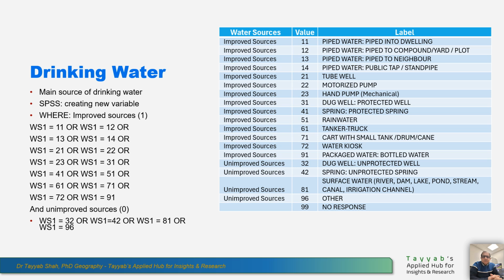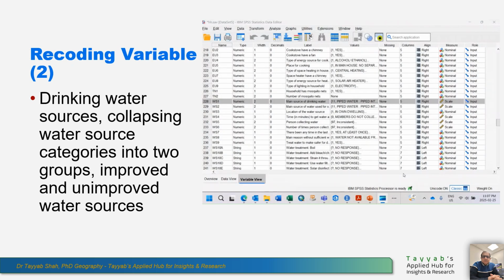So it means we need to categorize this into two groups, and we can use the logic when we see this list. We can use the formula to do that, or we can use the recode options to apply the same thing. So we can use both: creating a new variable and using the formula, or we can use recoding to make this variable into a binary variable.